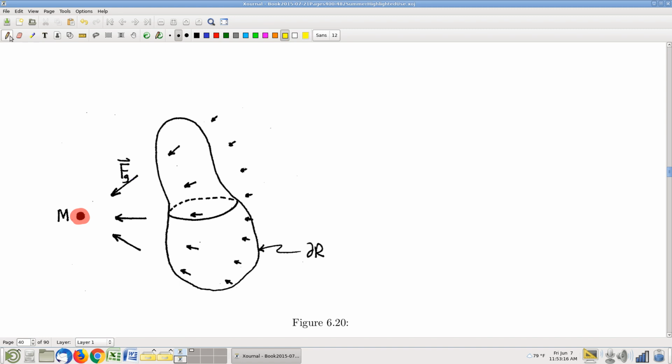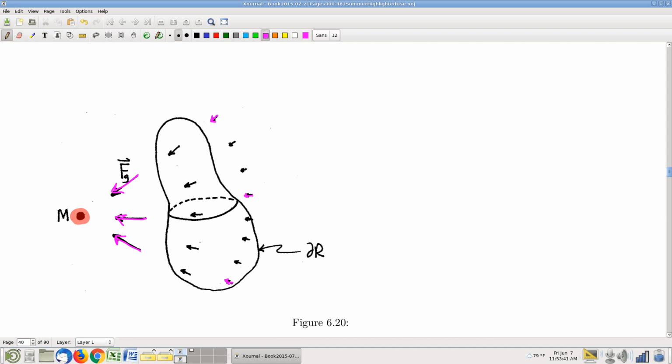That gravitational field is stronger when you're near the mass, and it's weaker when you're far from the mass. But worse than that, this gravitational field is changing the direction that it's pointing. It's always pointing toward the mass.